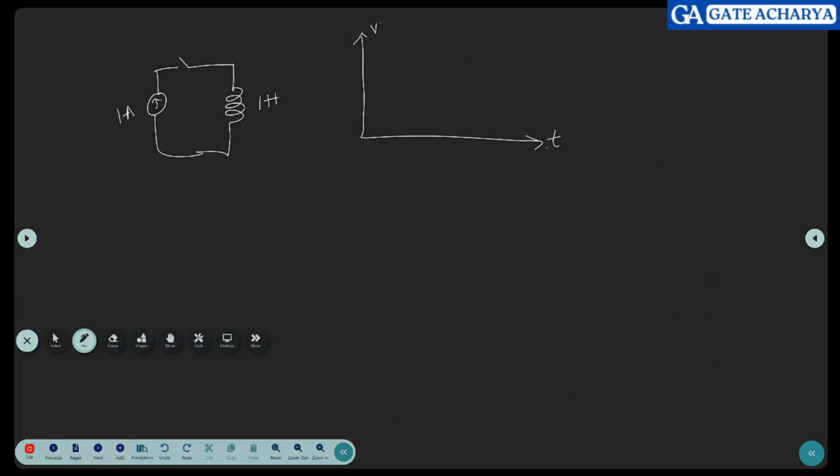What is the governing equation for this again? V is L di by dt, right? But I want the integral thing. Or maybe I'll put a voltage source. If you give a voltage source, I want the current here then.